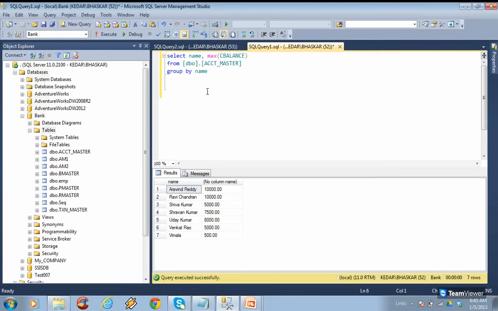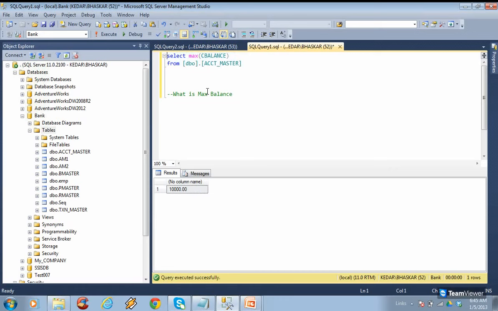So we have to first find out what is the max balance. This is the first question you need to write. To understand this, this would be the right query for you. So this will give you the maximum balance. But the question is not the maximum balance. We have to understand the maximum balance, then who has it.